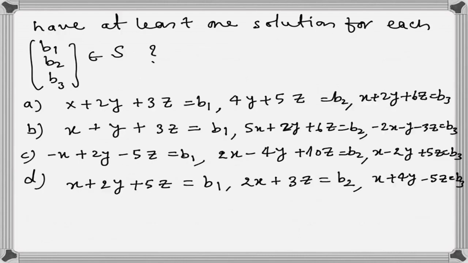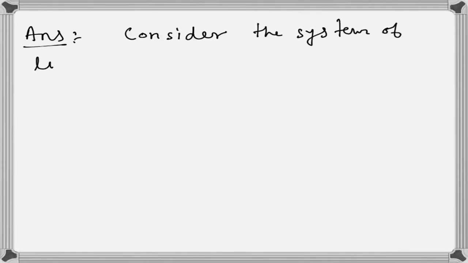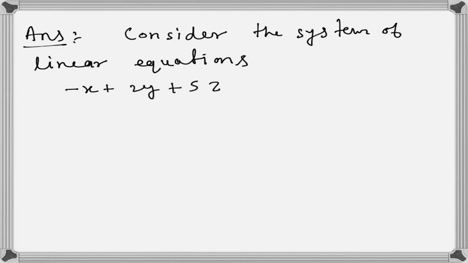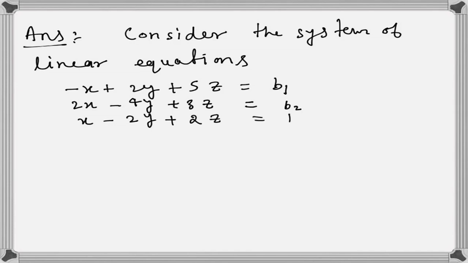Okay, so let's solve this problem. Consider this system of linear equations which is given in the question: minus x plus 2y plus 5z is equal to b1, 2x minus 4y plus 3z is equal to b2, x minus 2y plus 2z is equal to b3.